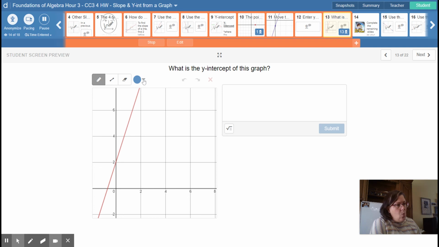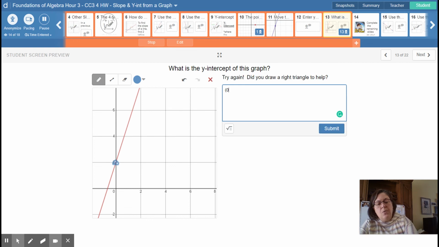So remember that y-intercept, you didn't have to do this, but that y-intercept is right here where that line crosses the y-axis. And so in here, you have to ask yourself, what's that coordinate pair? Okay. And in this case, that coordinate pair, you can write it as 0, 2, or I will tell you I would accept just 2, but I think it's going to be more beneficial if you do the coordinate pair.